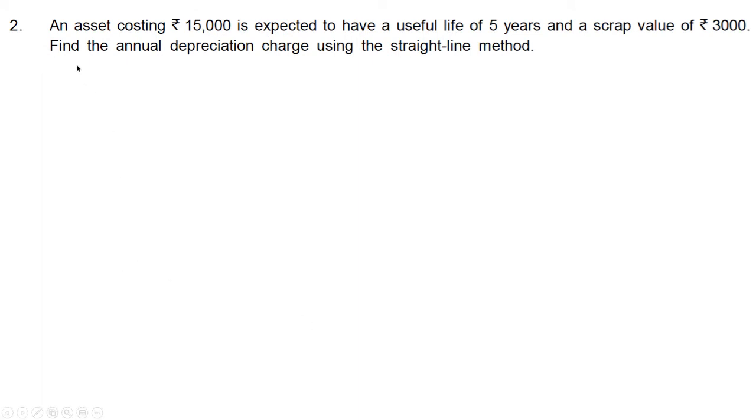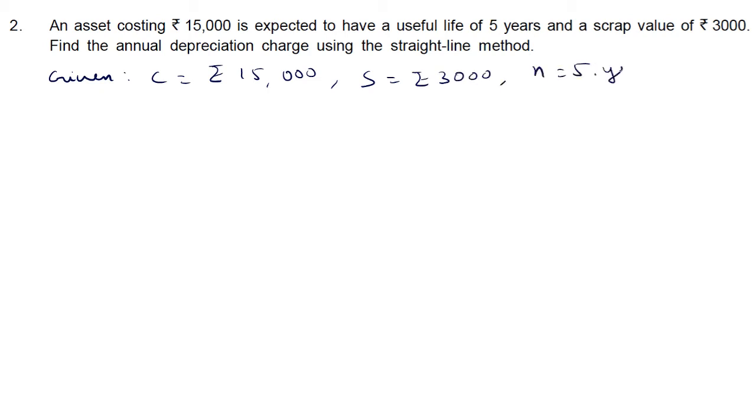Next question: an asset costing rupees 15,000 is expected to have a useful life of 5 years and a scrap value of rupees 3,000. Find the annual depreciation charge using the straight line method. Again, it is a direct question. Here the cost of the asset is rupees 15,000, the scrap value is rupees 3,000, and its useful life is 5 years.